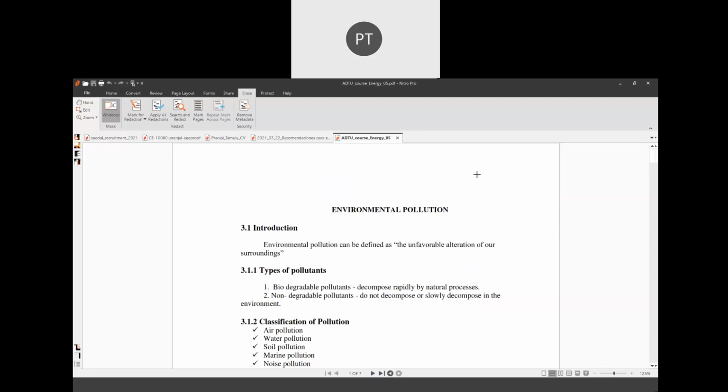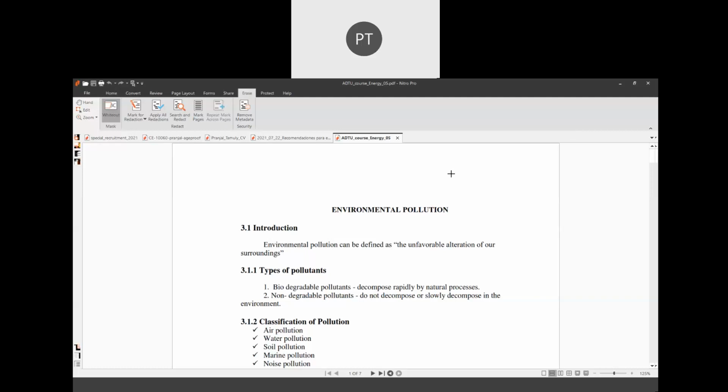So, last class we had discussed the different sources of energy, that is, conventional and unconventional energy. Now we are discussing the effect of using non-renewable energy. There are two types of energy sources: renewable and non-renewable.